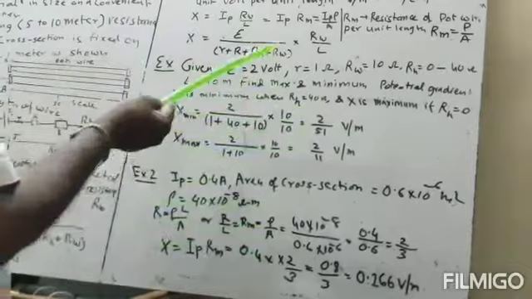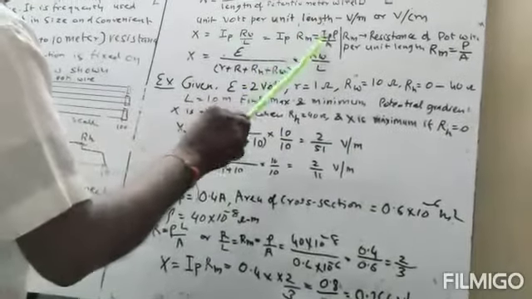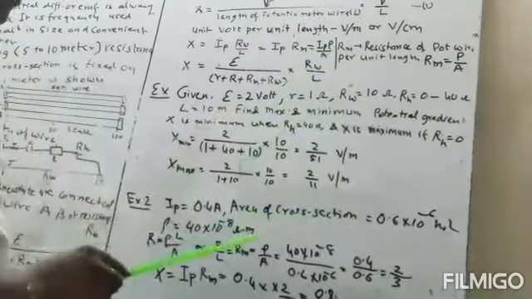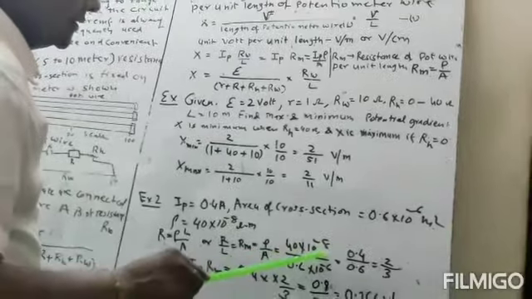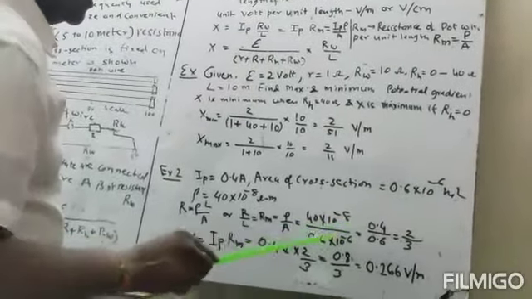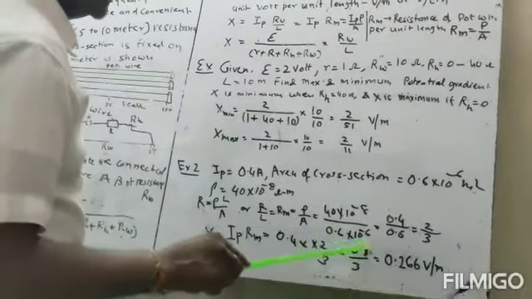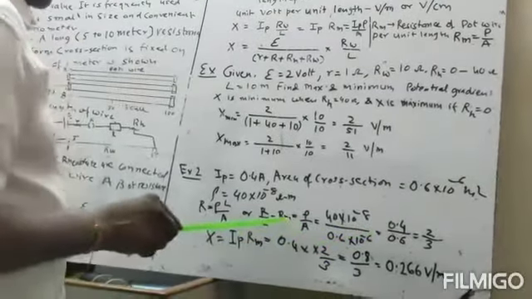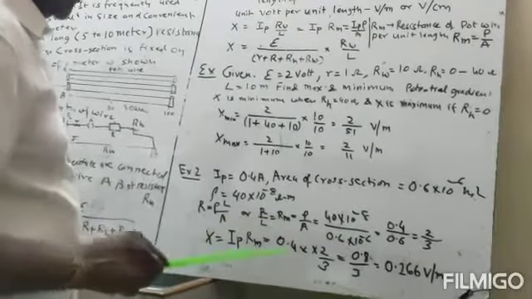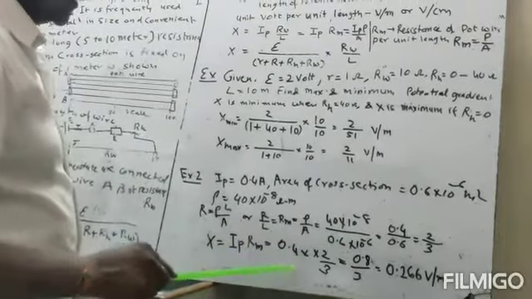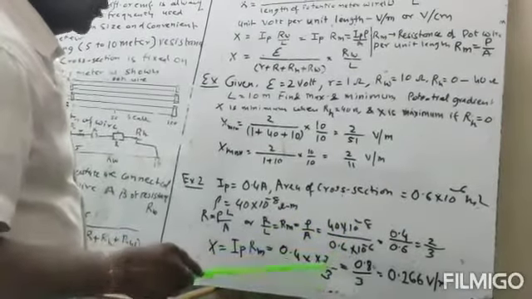Or we can use this formula here: X is equal to IP into rho by A. We substitute the values. So it is equal to 40 into 10 raised to minus 8 divided by 0.6 into 10 raised to minus 6, multiplied by IP. IP is 0.4 here. So it will be equal to 0.4 multiplied by, we solve it here, 2/3.